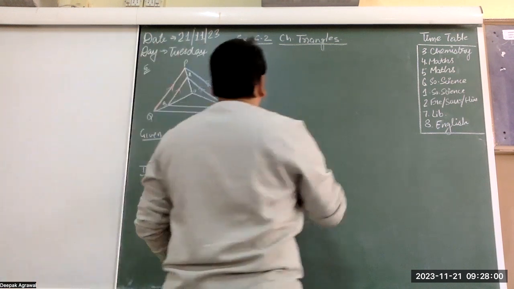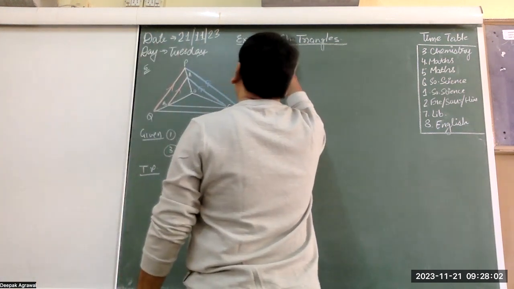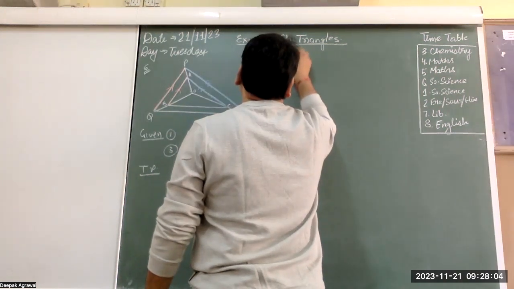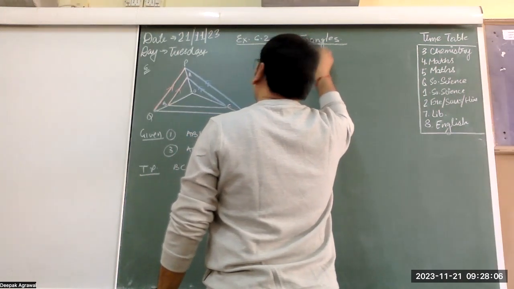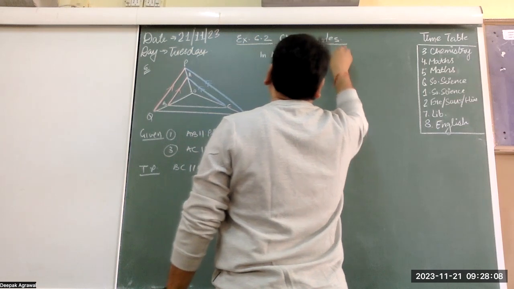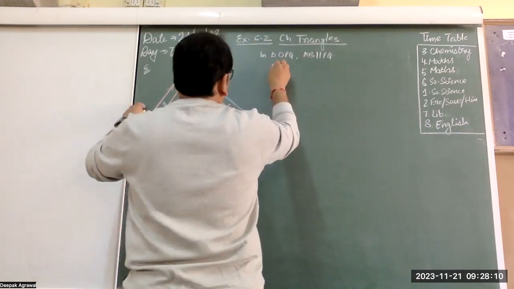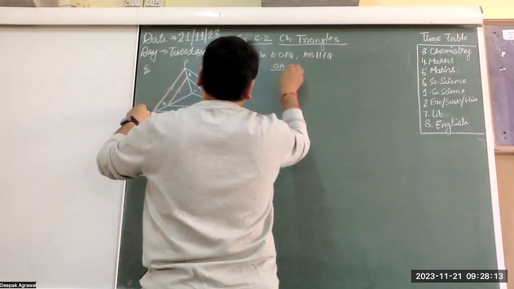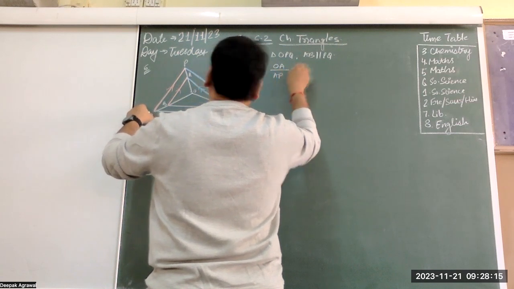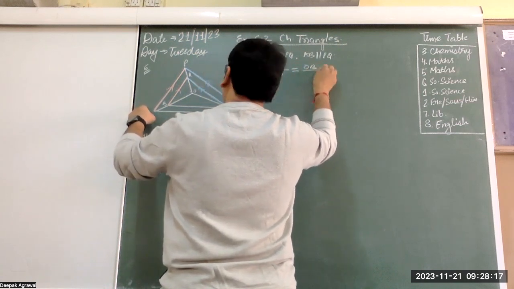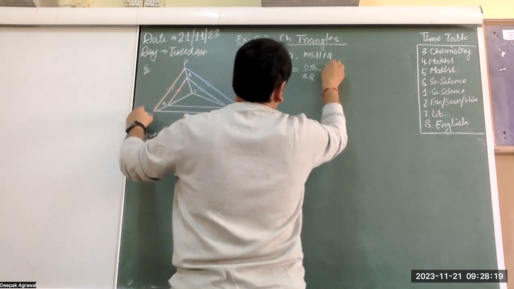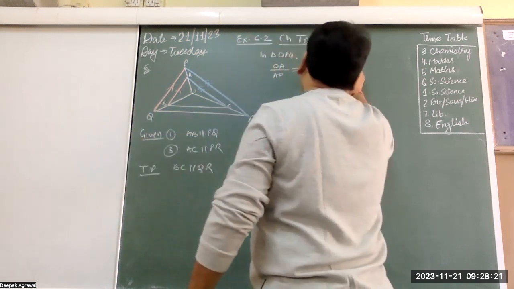So the triangle which we are going to take is triangle OPQ, AB is parallel to PQ. So if I apply BPT, OA upon AP is equal to OB upon BQ by BPT.